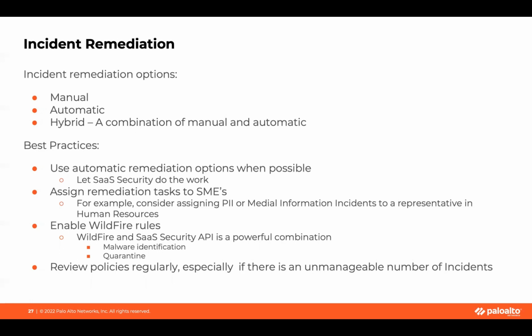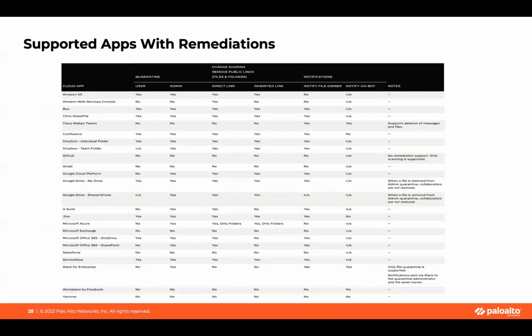Make sure you select all file types. Review the policies regularly, especially if there is an unmanageable number of incidents. Never let this number go up to the point that you cannot manage them. This table shows remediation options for different cloud apps.